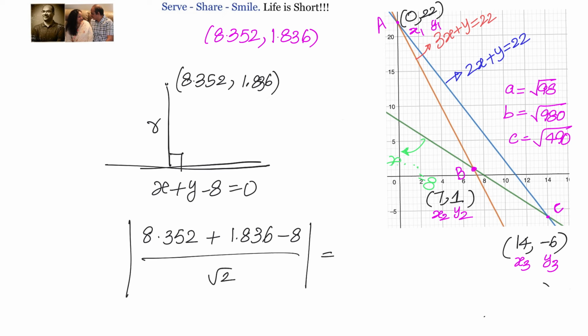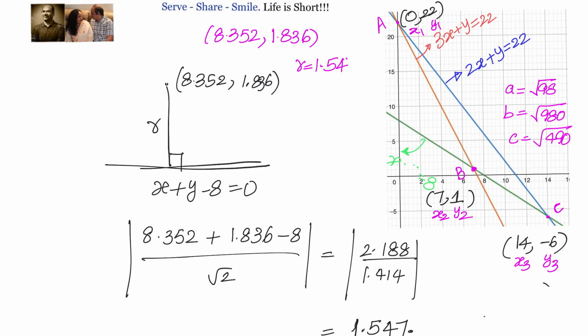Let's calculate that. Once we get the radius, we can easily get the equation of the incircle. So the radius after calculation is 1.547. So we can write down our radius is 1.547. Now what will be the equation of the incircle?